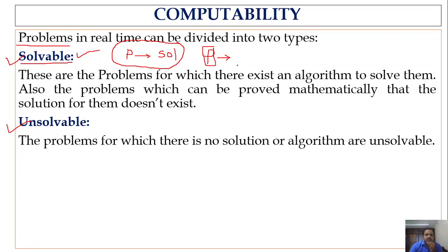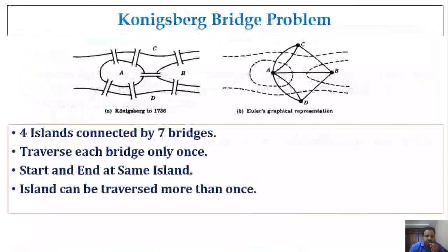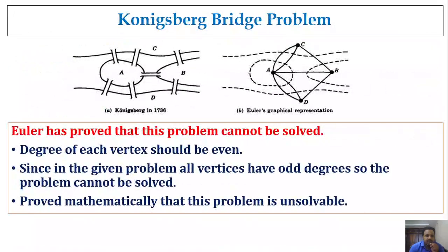Next is unsolvable. Unsolvable means the problem for which there exists no solution or algorithm will be considered an unsolvable problem. That's it. This is the concept we saw in the previous session, where I explained the solvable problem with the example of the Königsberg bridge problem.